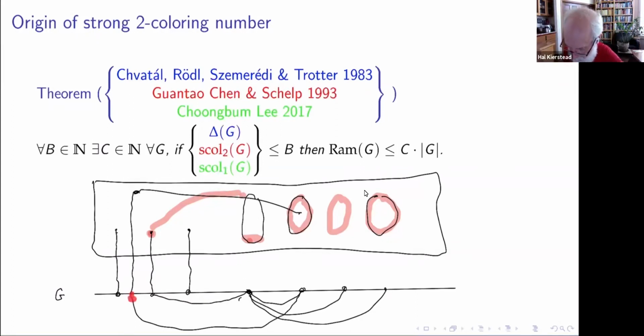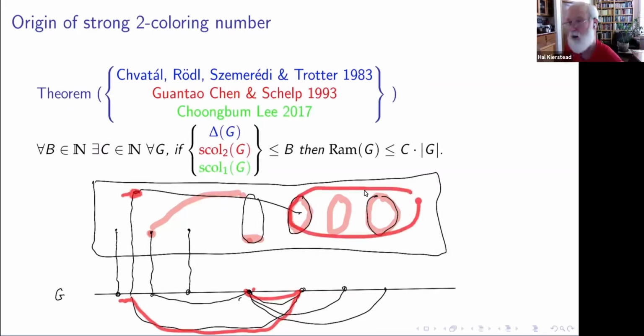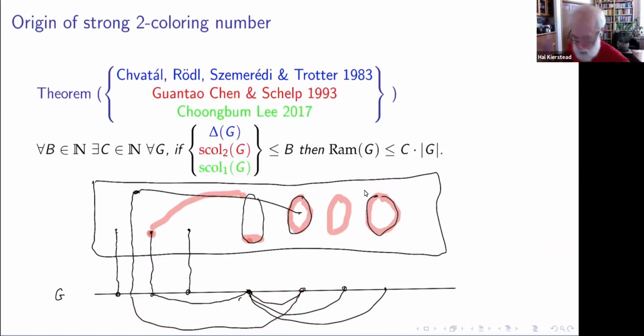But this guy that's causing trouble is too reachable from the vertex we're dealing with. So there are only a bounded number of these guys. And since there are only a bounded number of these guys, there's only a bounded number of subsets up here that can be defined. And the argument goes through. Okay, that's very fast, but that's the idea.